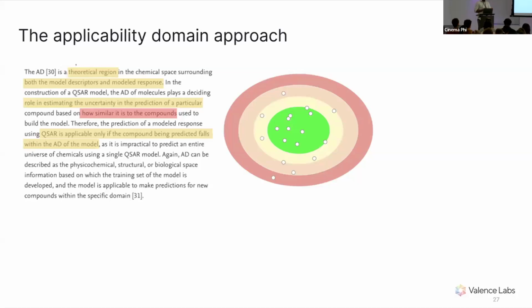Basically, you try to set some chemical space around your model that you can use to say that within this space, my model will perform better and will be a bit more robust. So it's a very naive way of trying to address OOD, by setting some constraint about where the model will perform best.